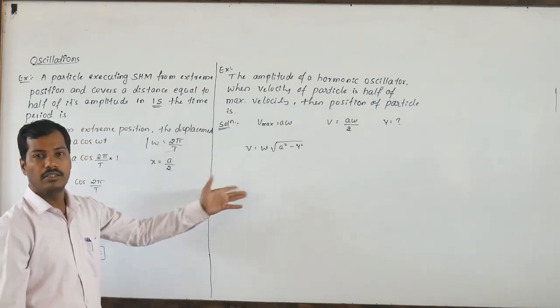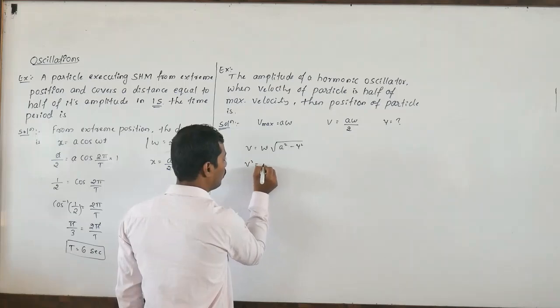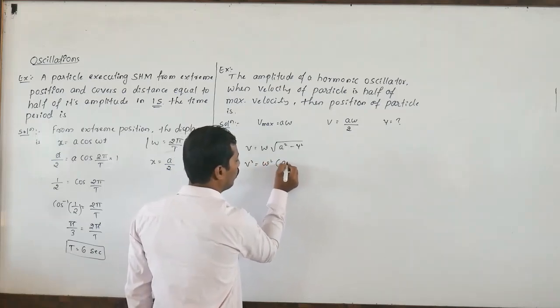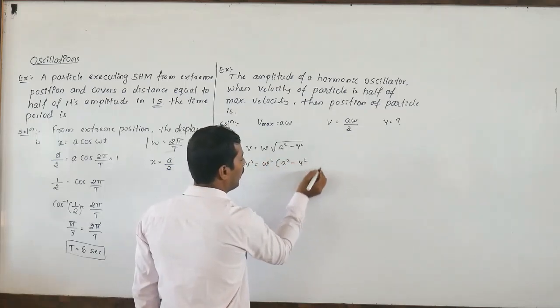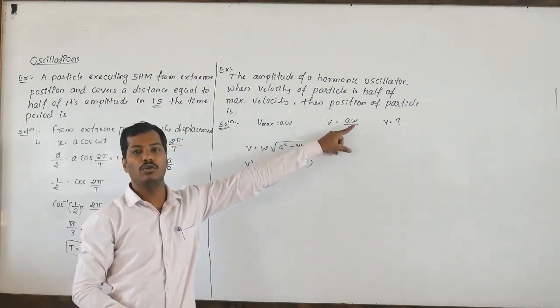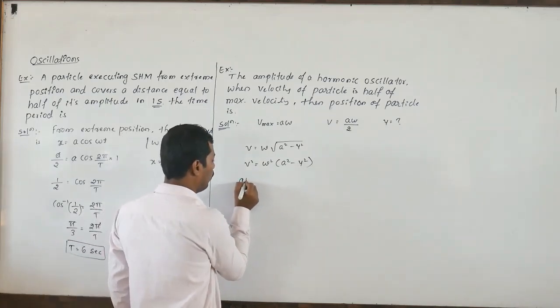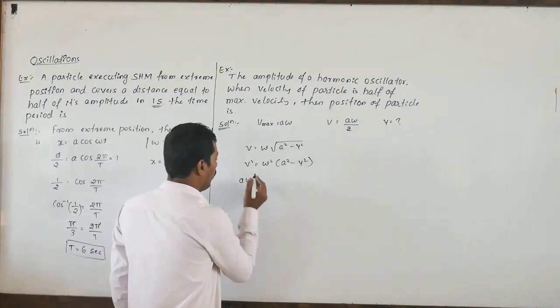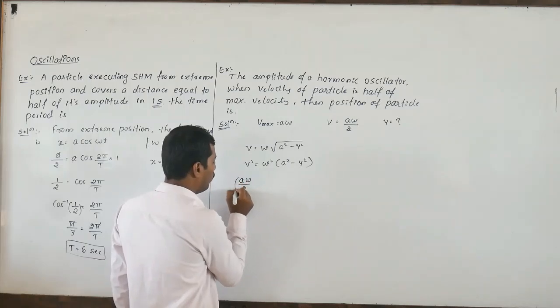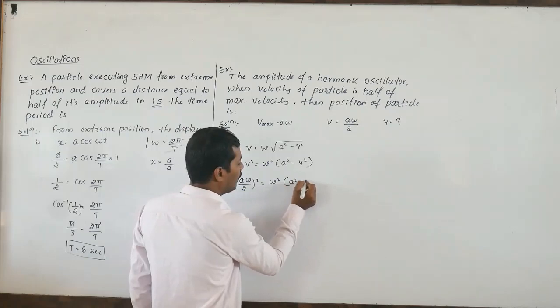Squaring both sides, the equation becomes v square equals omega square into a square minus y square. But v is equal to a into omega divided by 2. So v equals a into omega, then divided by 2, whose whole square is equal to omega square into a square minus y square.